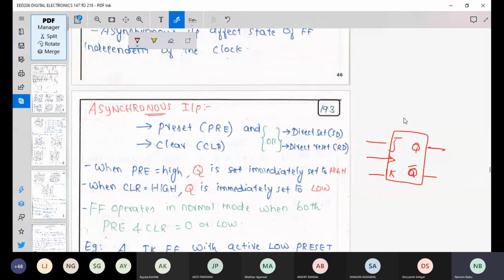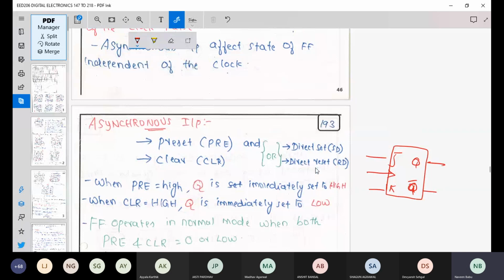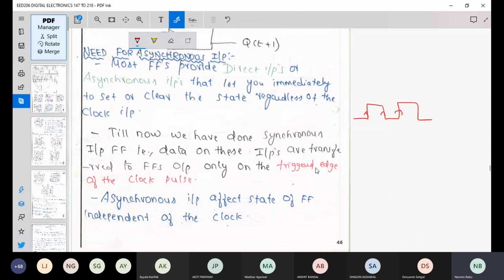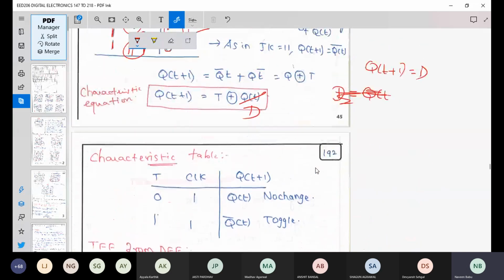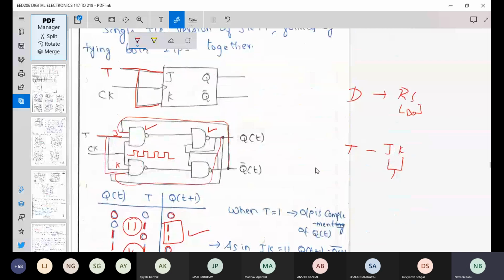If you look at the internal circuitry, we are controlling only the first two gates and not these two gates. If you want to control these two gates, then we will give two more inputs so that these two gates are controlled. And those two inputs, we are going to define as preset and clear.